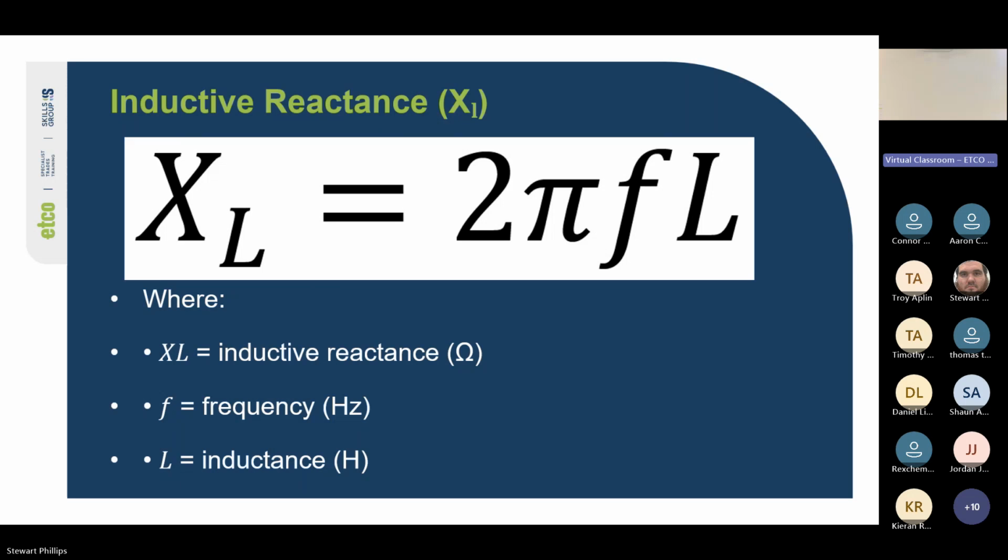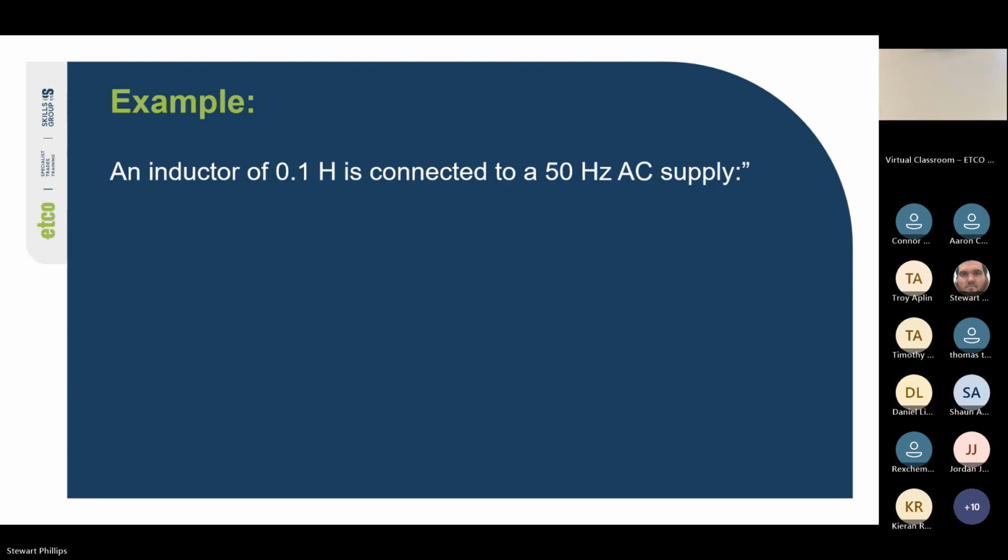Yeah, cool. So now that we've got the formula, let's have a look at an example. So we have an inductor of 0.1 Henry or 100 millihenries, and it's connected to a 50 hertz AC supply. What would be our reactance?